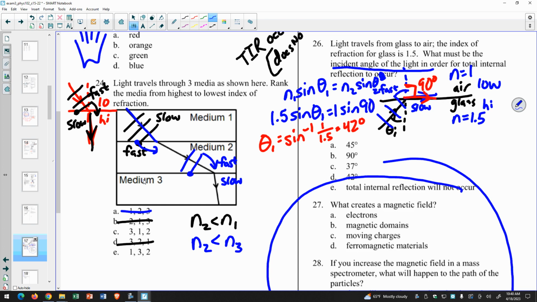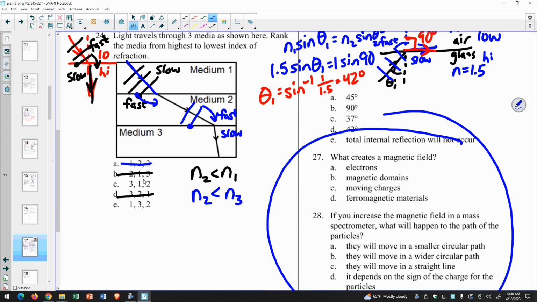All right. So now in order to pick between those, I have to look at medium 1 and medium 3. I like to draw them separately because usually by now my figure's all messed up like it is now. So I'll draw medium 1, it's right here, and then medium 3, notice that it bends towards the normal like that. And now I can just imagine that medium 2 isn't even there.